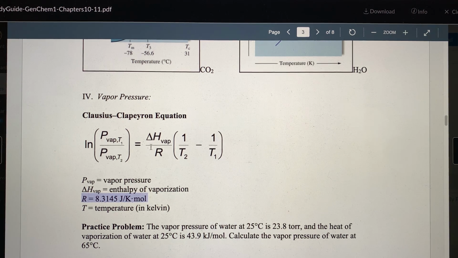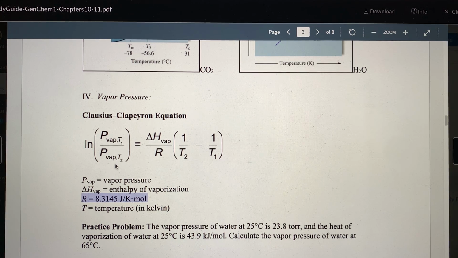So don't forget to convert delta H to joules, that way it matches the units of R, times 1 over T2 minus 1 over T1. So if you know vapor pressure at T1, you can figure out vapor pressure at T2, and that's the whole point of these formulas.